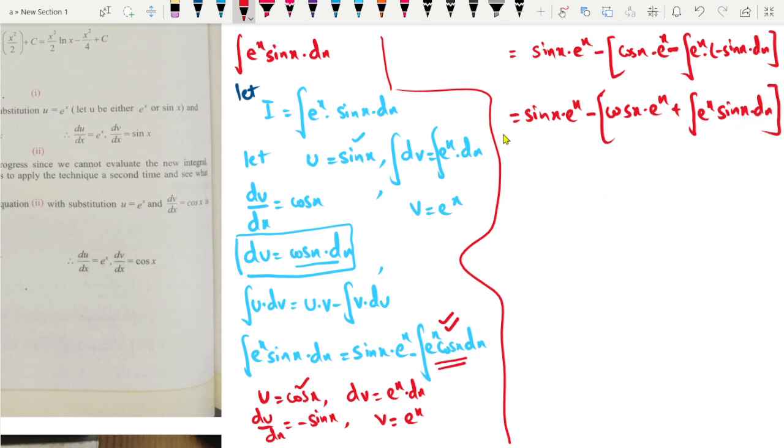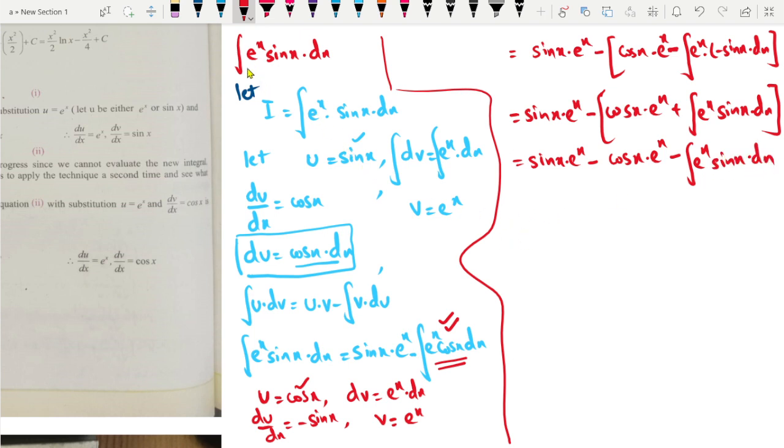So this will become sine of x e^x minus cos of x e^x, plus the integral of e^x sine of x dx. So this will become sine of x e^x minus cos of x e^x minus the integral of e^x sine of x dx.